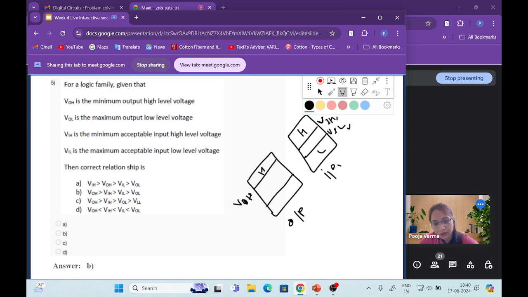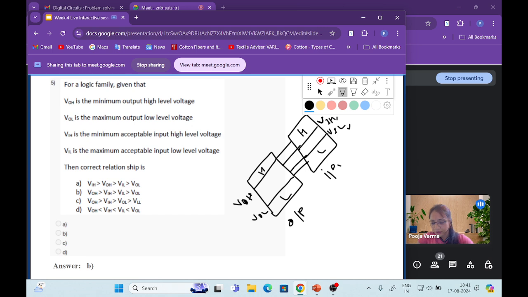Similarly, for L, we need to make it a little bit down. So what is it? VOL, right? Let's make it like this in order to make a comparison.